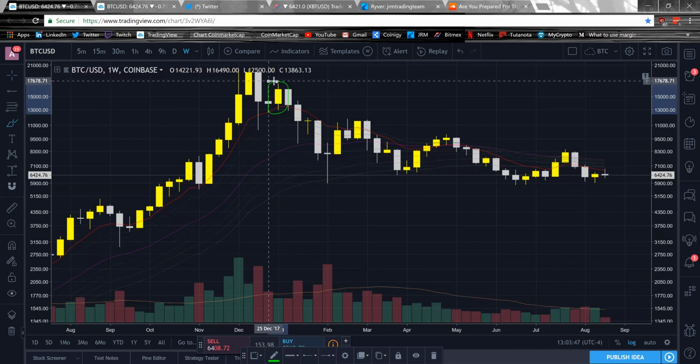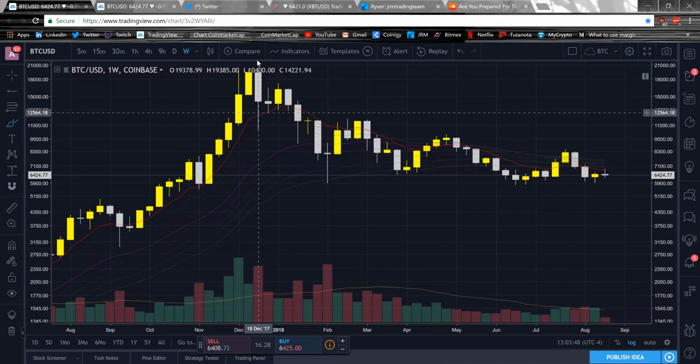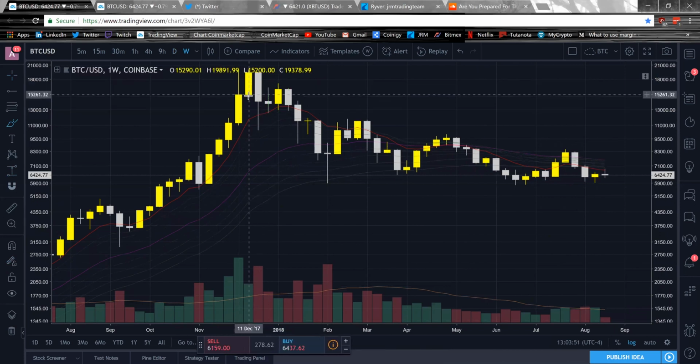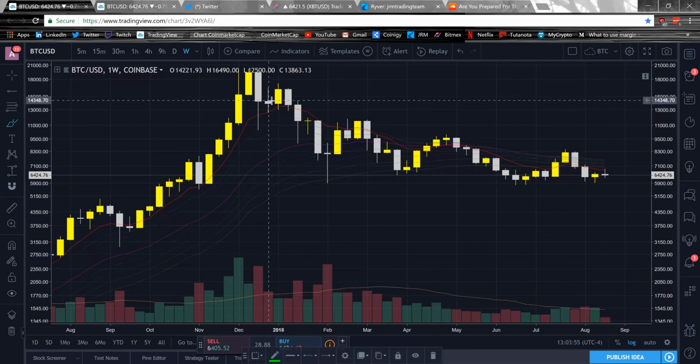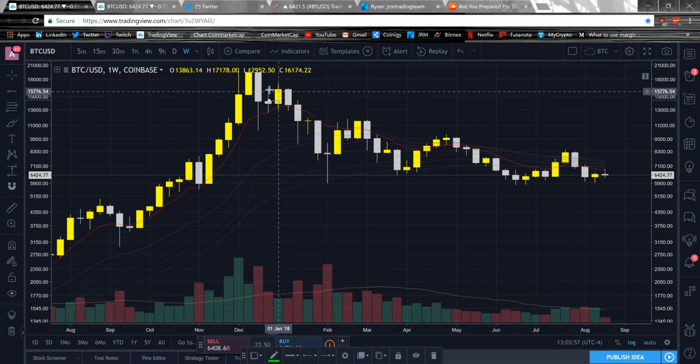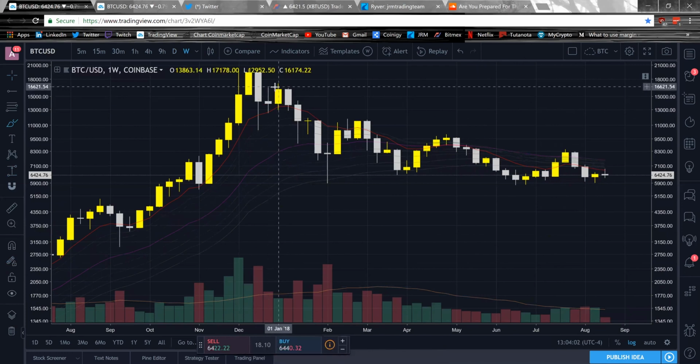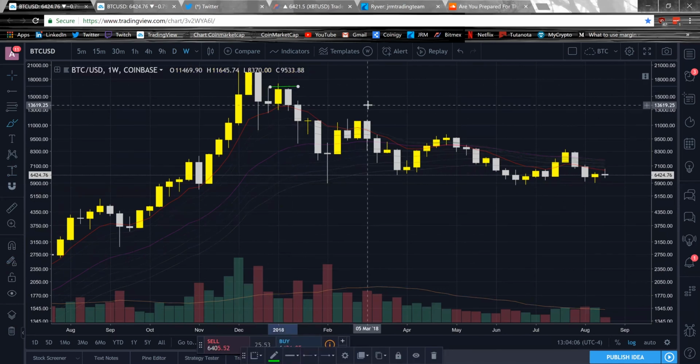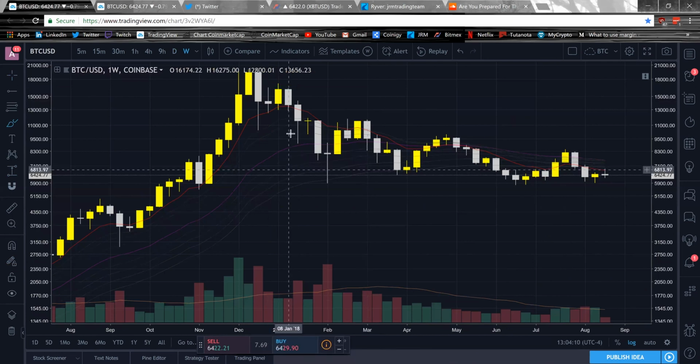So we have this big bearish candle off the top. We have a little doji here, and then we have a bullish engulfing take out the open of that previous bearish candle. Unlike the last one we looked at, it did not take out the topping tail. So not quite as bullish, but still a bullish engulfing until the close right after.